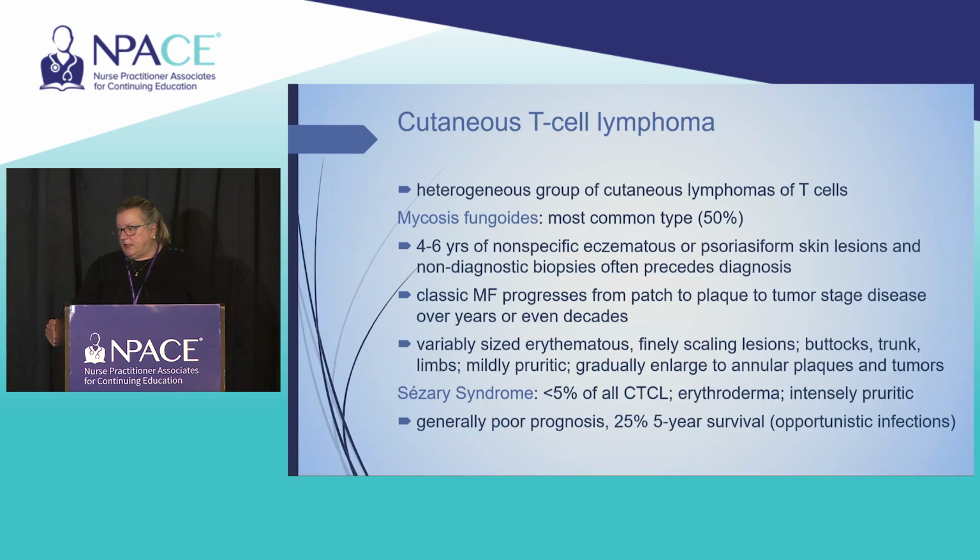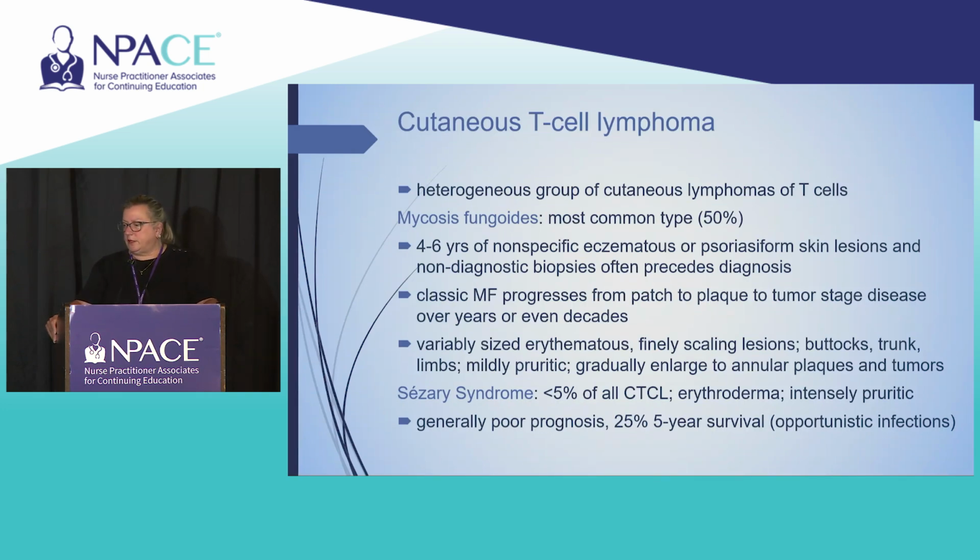It starts out with a fairly innocuous-looking eczema or psoriasis presentation, but it advances over years to develop into plaques and nodules. It's extraordinarily pruritic. Patients are extremely uncomfortable with it, and it does have systemic malaise for an awful lot of patients.